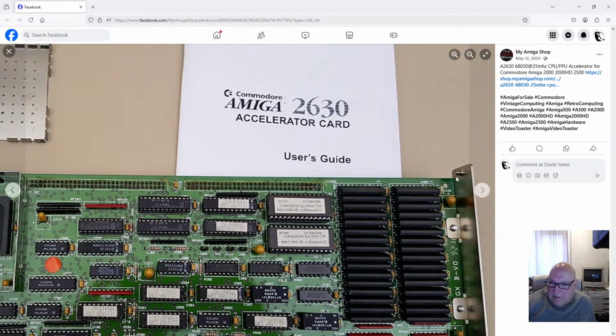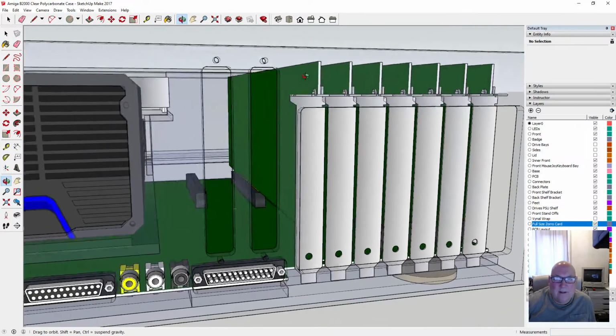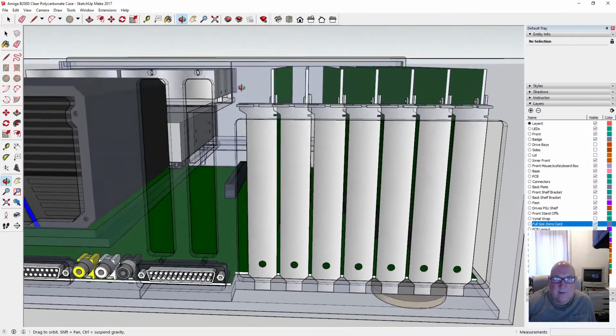So yeah, it's just above the edge of the connector. Just above. So that would make it a smaller card. The height of the card is slightly smaller.